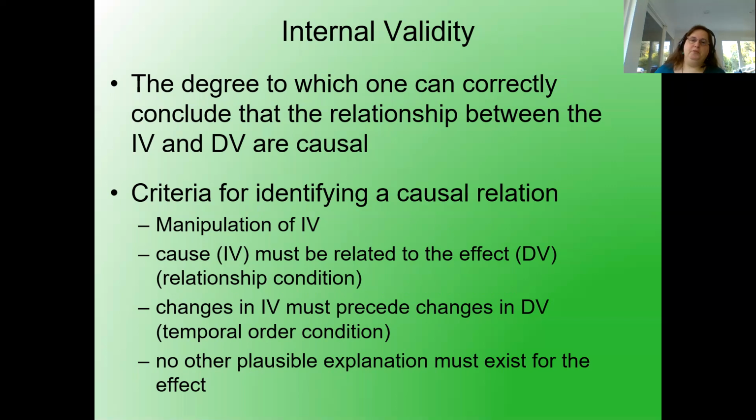This is called the temporal order condition. So if we are doing our study about mathematical ability based on this intervention, we have to make sure that the intervention is happening before any changes in the mathematical ability happen.